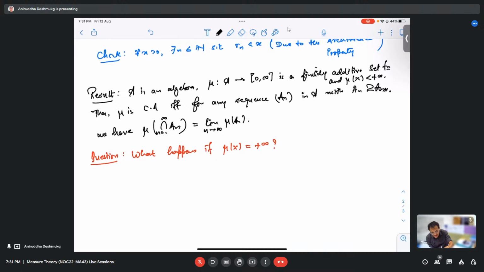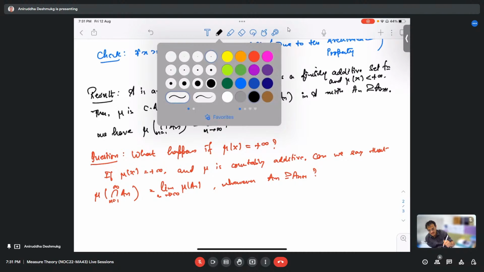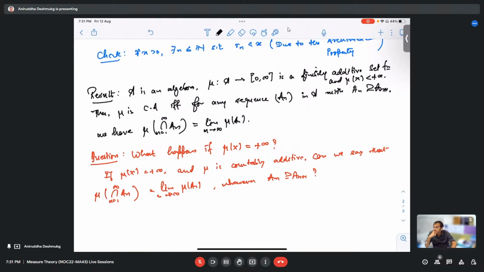If mu is countably additive, can we say that the measure of the intersection of the An is equal to the limit of the measure of An whenever An is a decreasing sequence? Tell me, what are your thoughts?